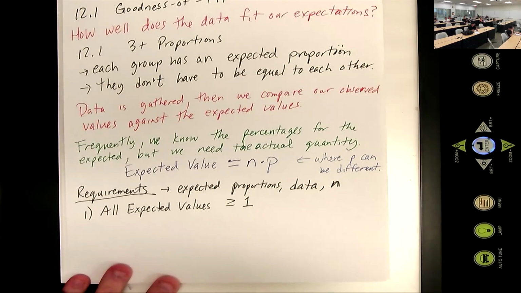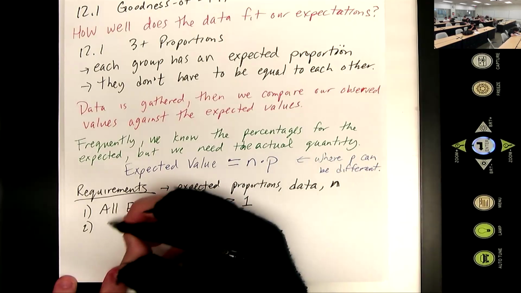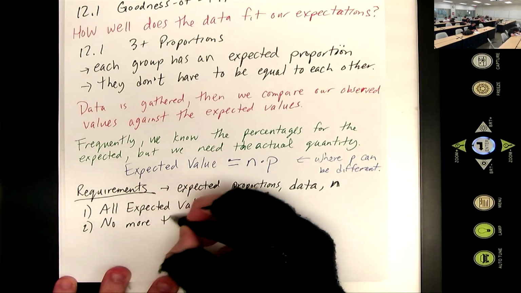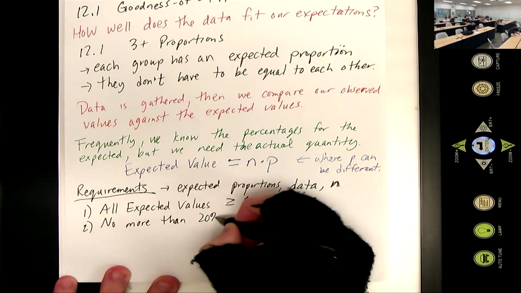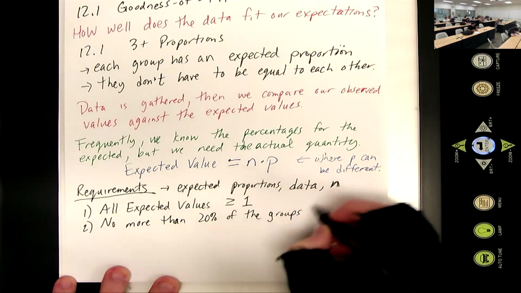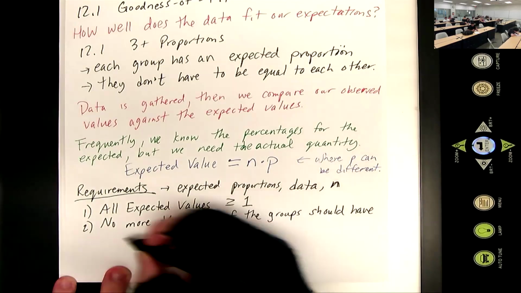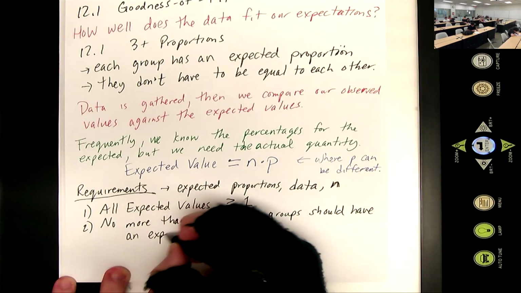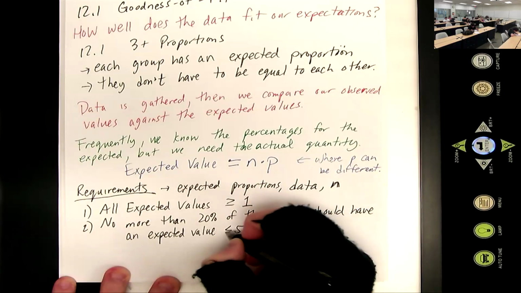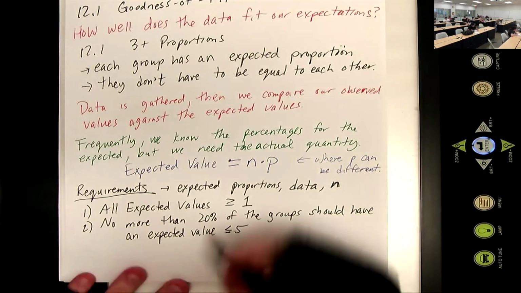So all expected values must be greater than or equal to 1, and rule number 2: no more than 20% of the groups should have an expected value less than 5.